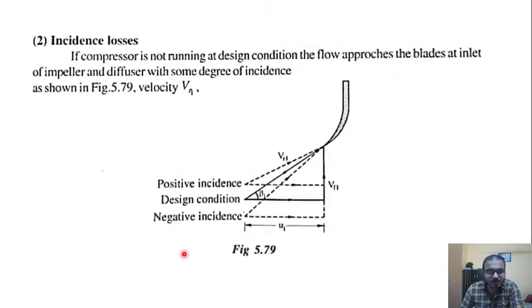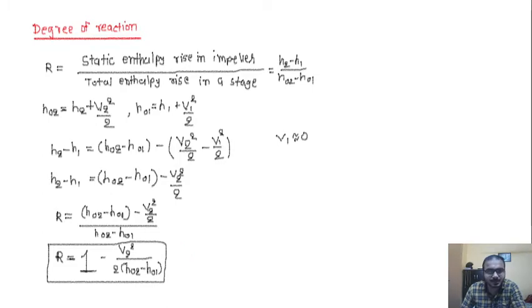Now let us discuss losses in the centrifugal compressor.